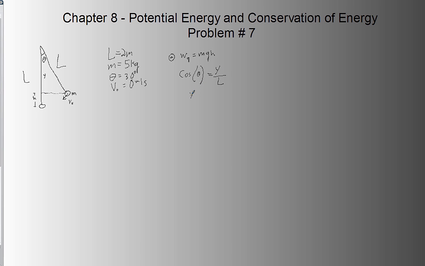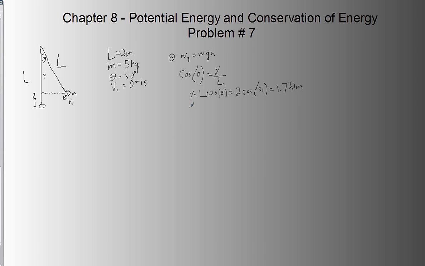And so Y equals L cosine theta, which equals 2 cosine 30, which equals about 1.732 meters.